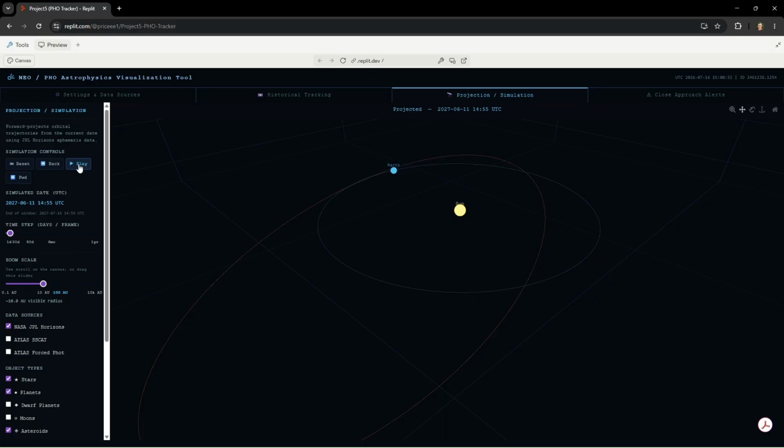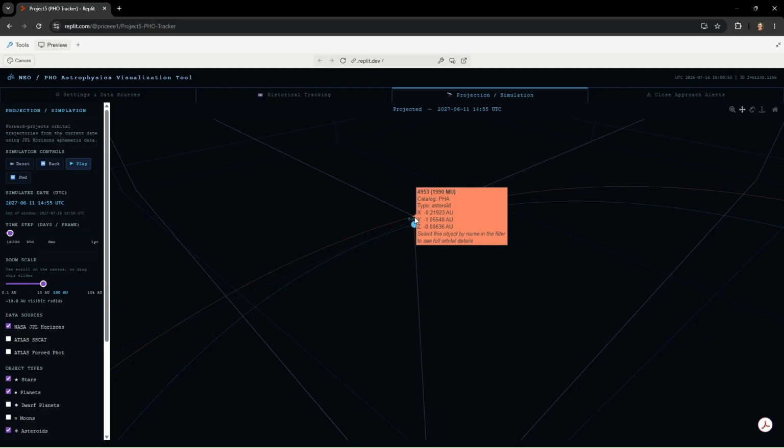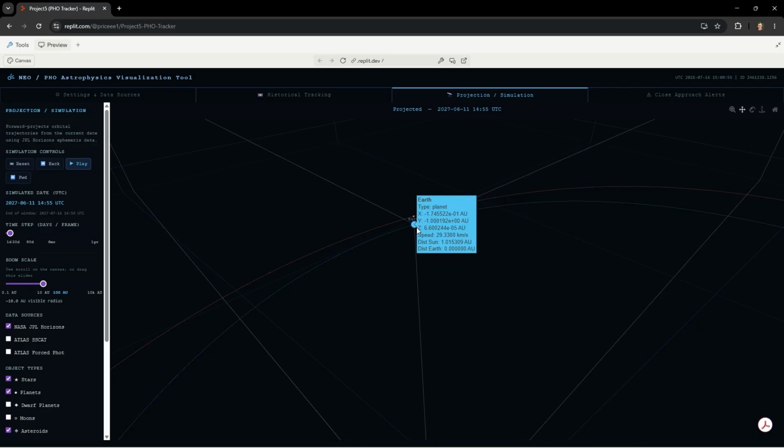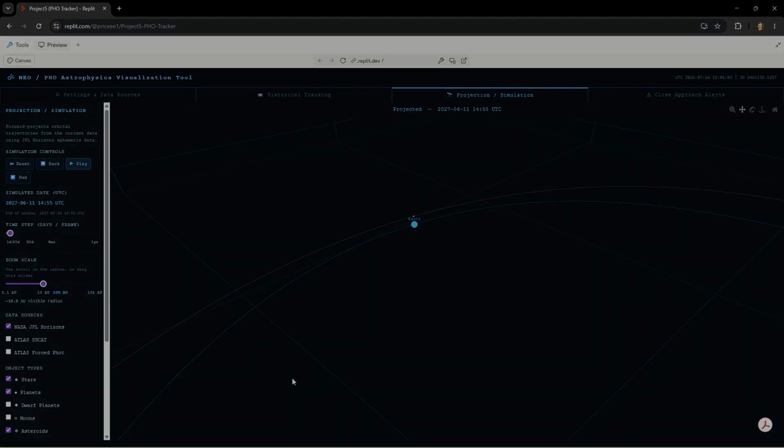Go ahead and pause it. So yeah, June 6th, 2027, that asteroid's going to be right on top of Earth. So we'll definitely be paying close attention to this one as well.